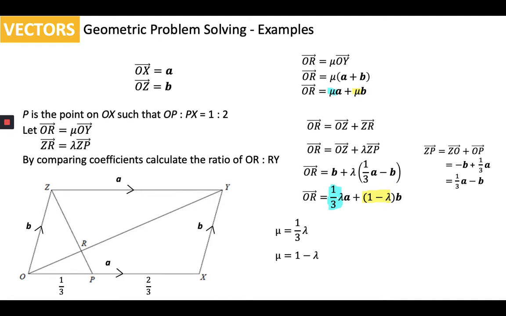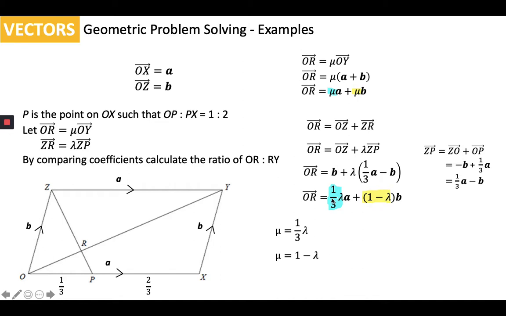Now, I can either, if you're more comfortable, find lambda and then find mu, or what I'm going to do is rearrange my equation. I'm going to rearrange this top equation to make sure that I can then substitute for lambda and just find mu straight away, because I know mu is my key fraction because it's involved in OR.